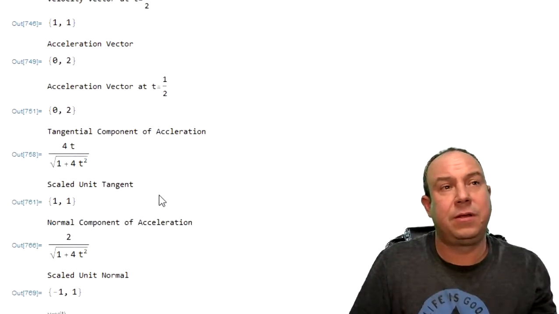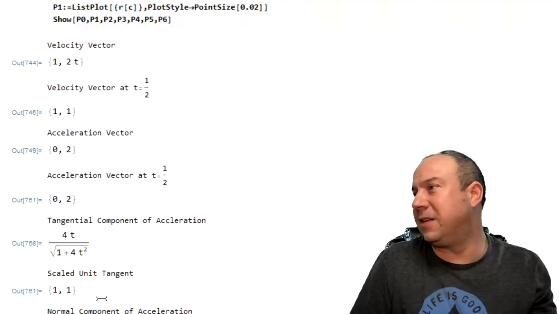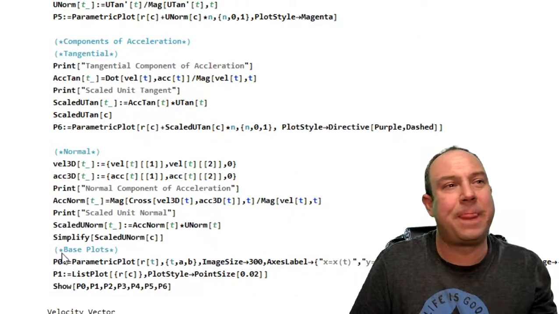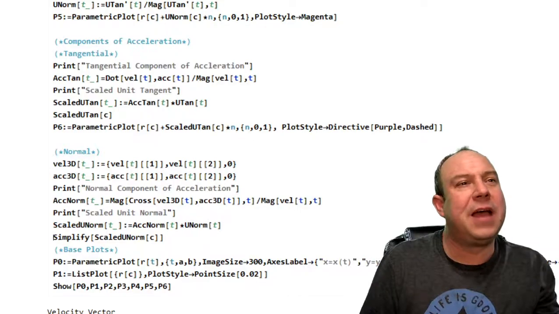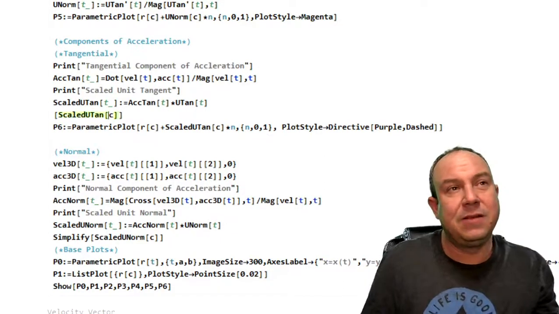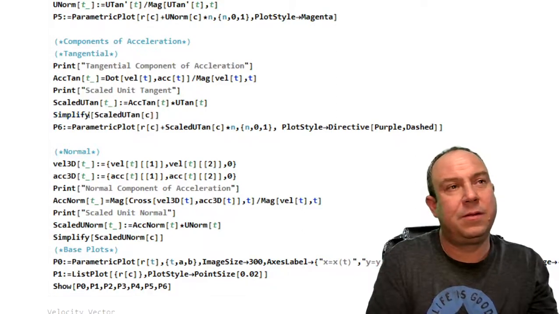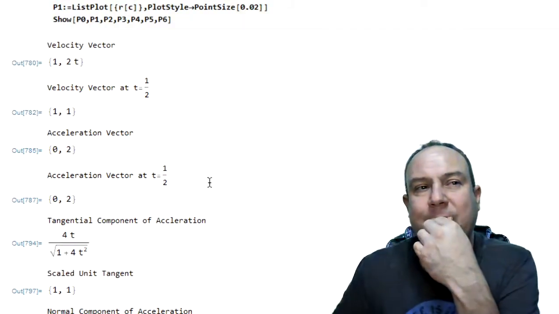All right. That makes scaled unit normal a little nicer, and its scaling. Notice that. And similarly, my goodness, is that simpler. And then let's simplify this scaled unit tangent. I know it's pretty simple at the moment, but in our program we might want to present them as simplified values.